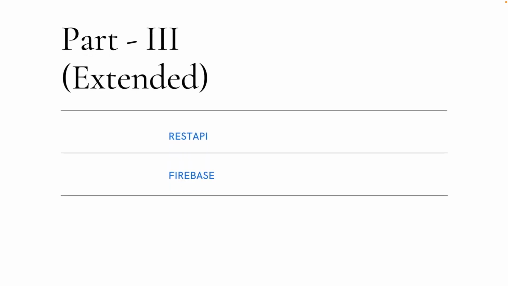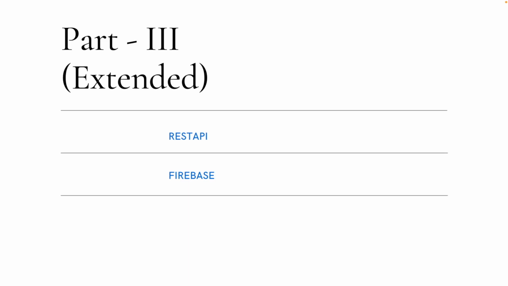So in part 3, which is the extended one, you will start using third-party services like Firebase. You will be considered a Flutter developer even without this part, but that will be a pretty basic role. But this is a must-have in my points. In this part, I will only mention 2 things: REST API and Firebase.